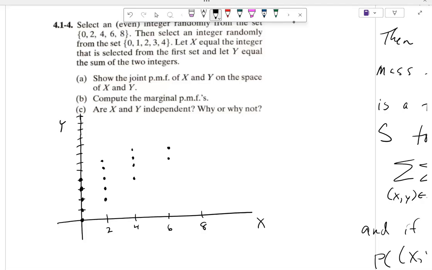For an 8, 4, 6, 8. For a 9, 6 and 8. For a 10, 6 and 8. For an 11, just the 8, and for a 12, an 8.